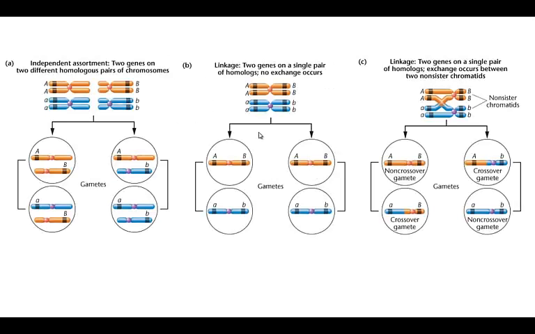So let's take a look at several different possibilities you can see here. In the first case, this is going to be a case of independent assortment. You've got two different genes on two different pairs of chromosomes. You've got A, with its two copies here, and B. You can see these are on two completely different chromosomes.